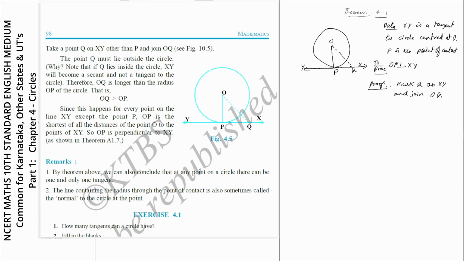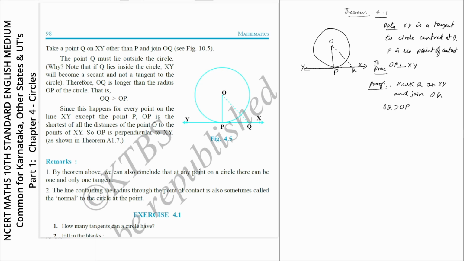Now you can see OQ is greater than OP. Why? See, OP is the radius. OQ is bigger than the radius. You can observe in the figure, Q lies outside the circle. That means OQ is larger than the radius. Therefore OQ should be greater than OP.